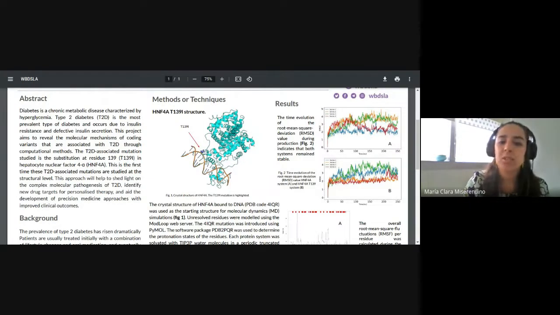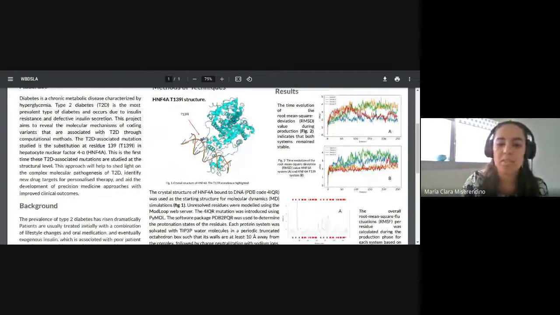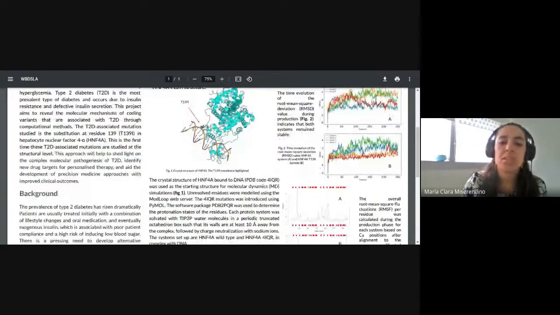The unresolved residues were modeled using the Modeller web server. The mutation that we are studying was inserted with PyMOL, and we also used the software package PDB2PQR to determine the protonation state of the residues.